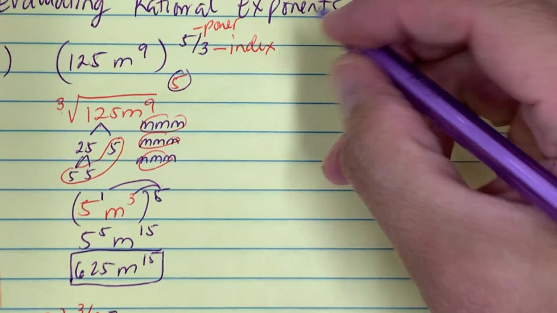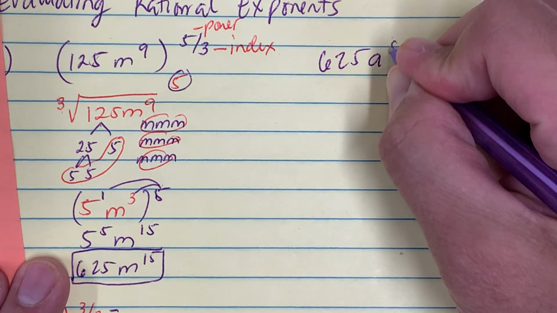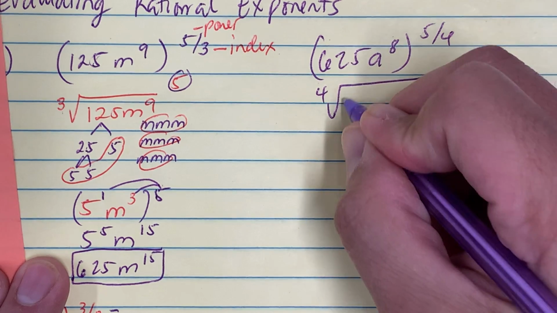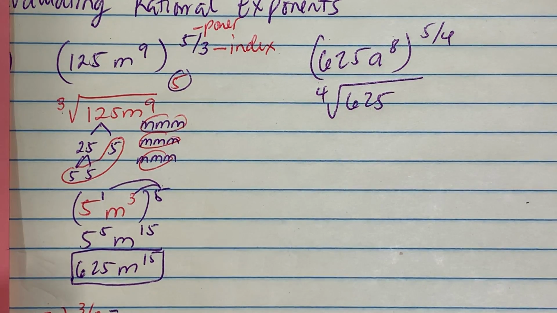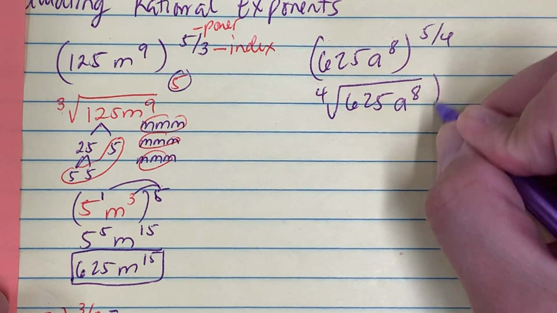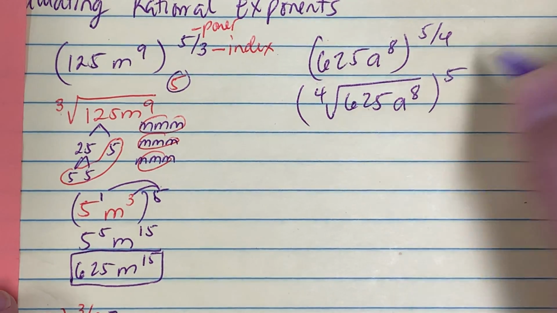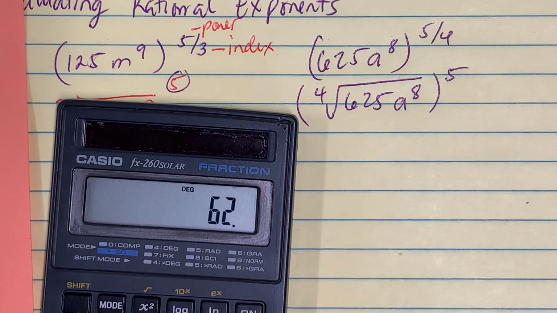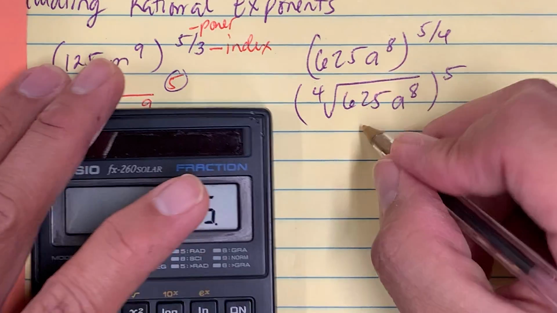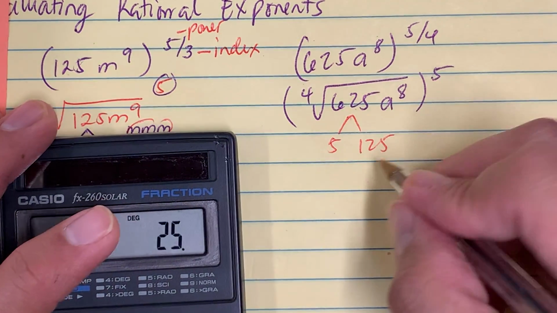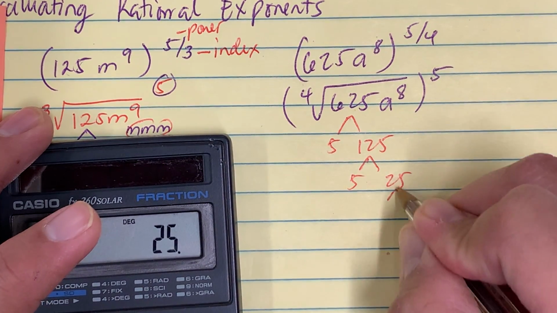Next here is letter E, 625 a8 to the 5/4. Same thing, fourth root of 625 a8, and there's a fifth power there, right? You break this down: 625 divided by 5, and 125 divided by 5 is 25, and there's 5.